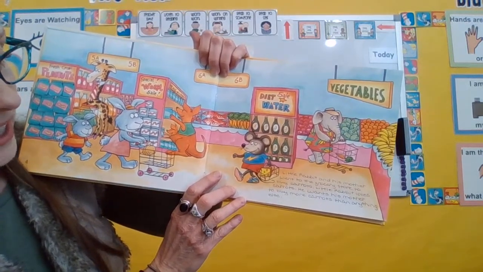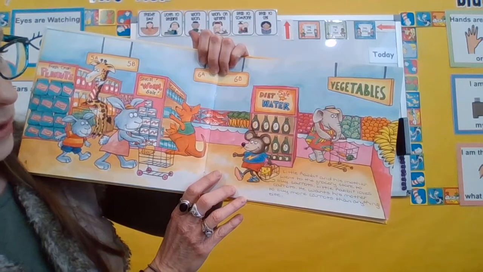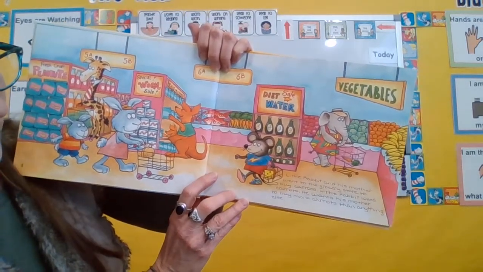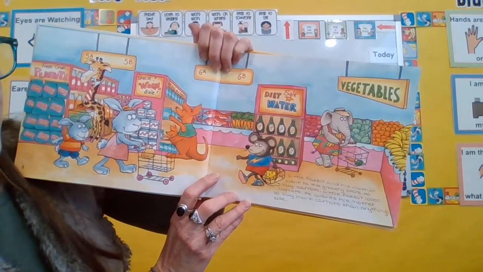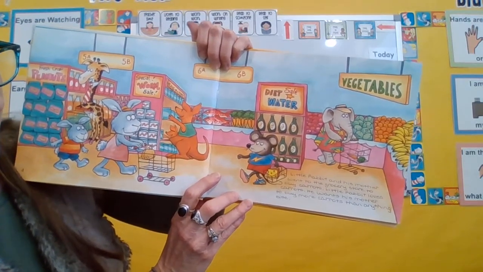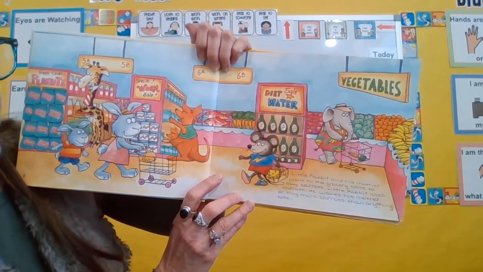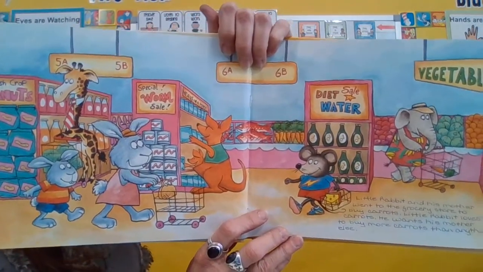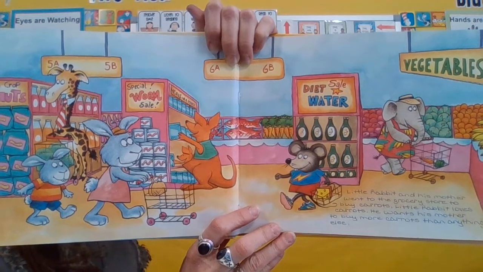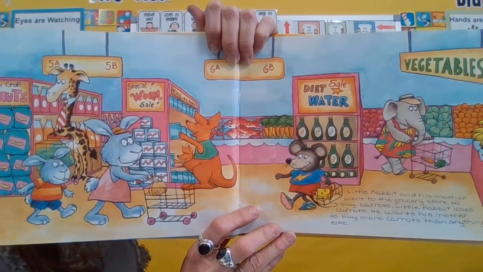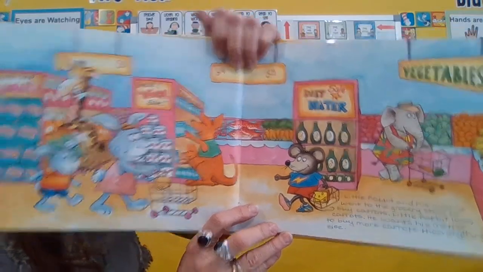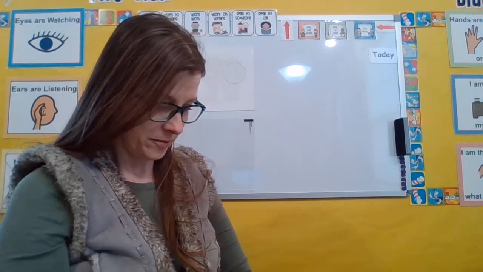Little Rabbit and his mother went to the grocery store to buy carrots. Little Rabbit loves carrots. He wants his mother to buy more carrots than anything. If you love carrots, raise your hand. I love carrots.